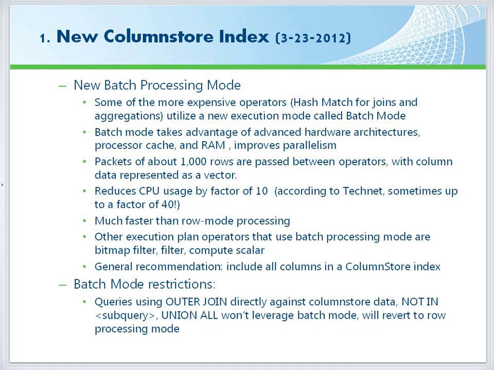Now, batch mode is going to take advantage of 64-bit architecture. It's going to take advantage of parallelism. It's going to take advantage of the processor cache to be able to perform those more expensive operations significantly faster than before.